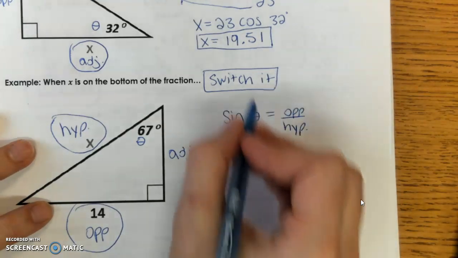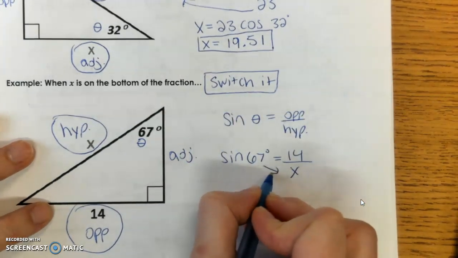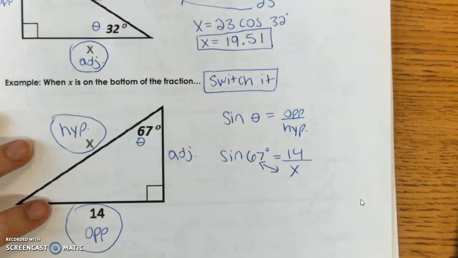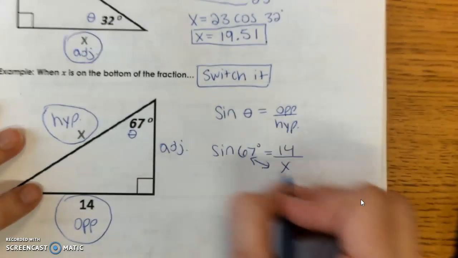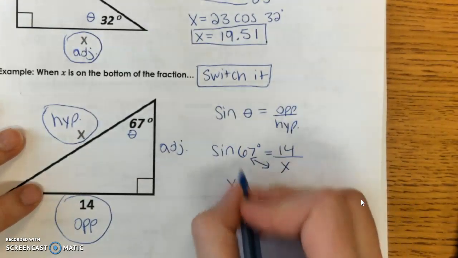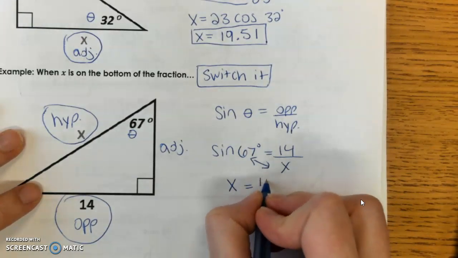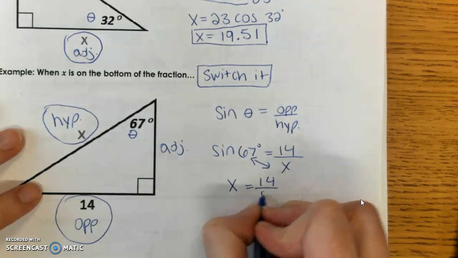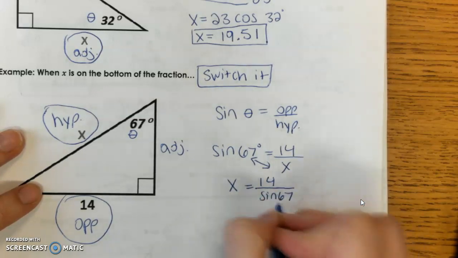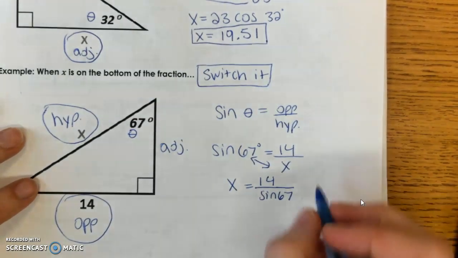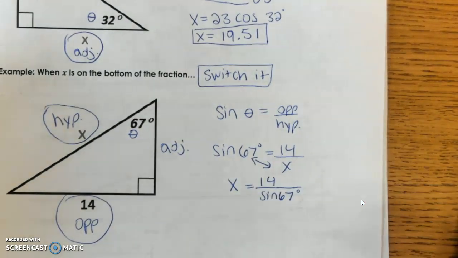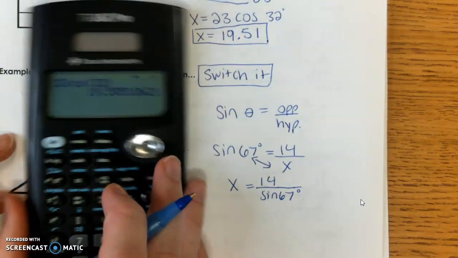So instead of kicking it, I'm going to just switch the trig function with x. So if I switch it, I'm going to put x on the left side of the equation, and I'm going to put sine of 67 on the bottom of the fraction in the denominator. And now I can calculate and solve for x.